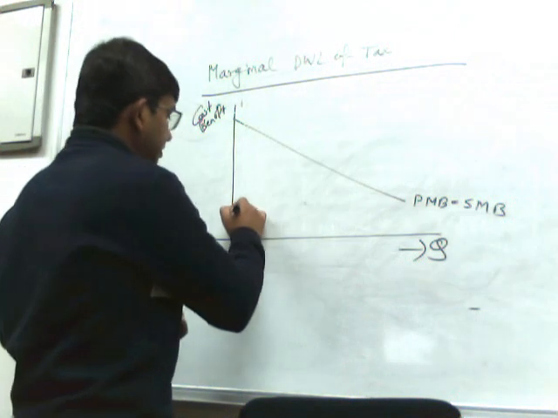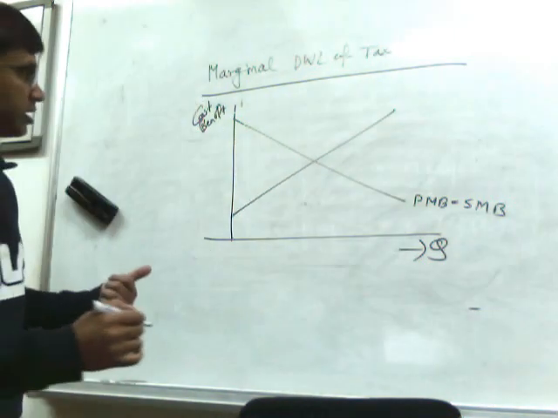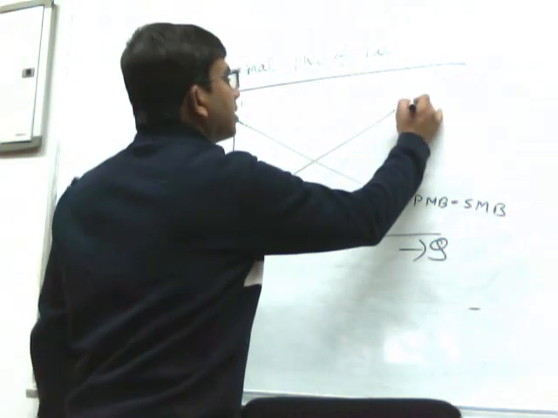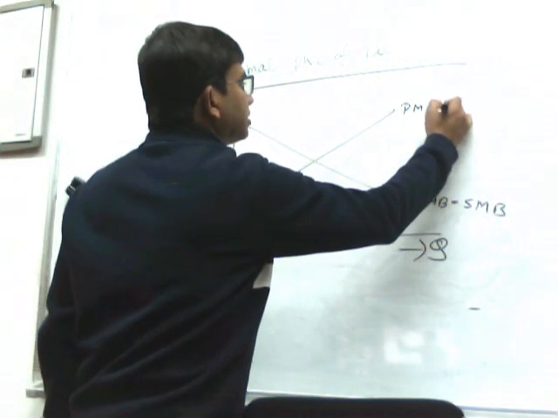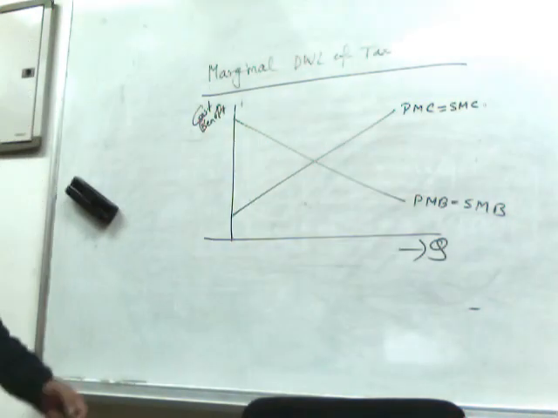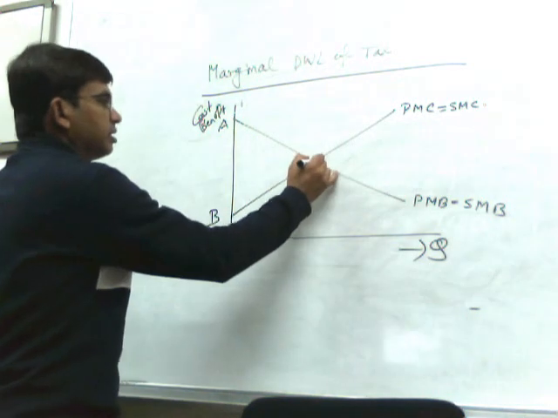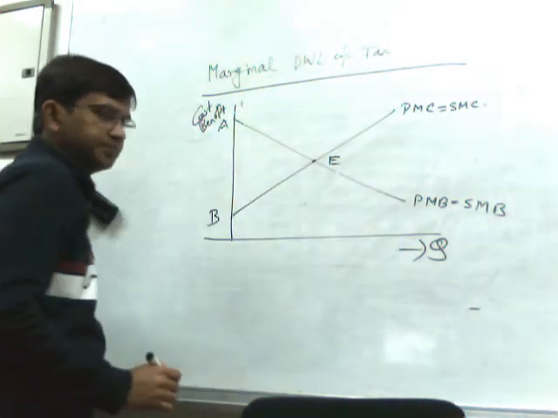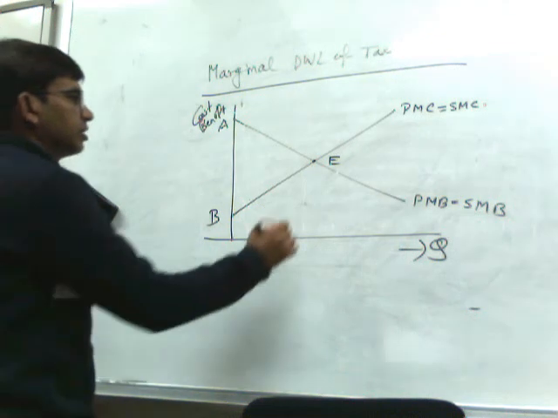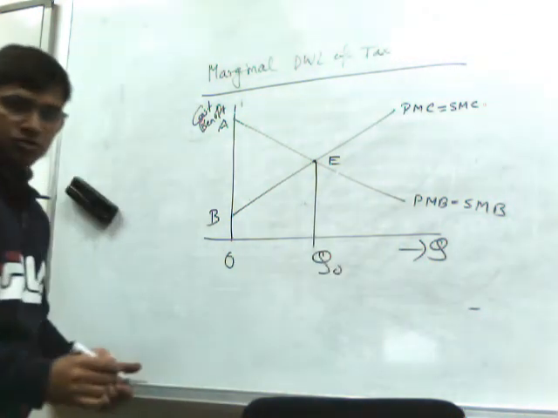Similarly, there is no externality in production, and hence this is the PMC equals SMC curve. So just give the names A, B, E, and the output level is OQ0.